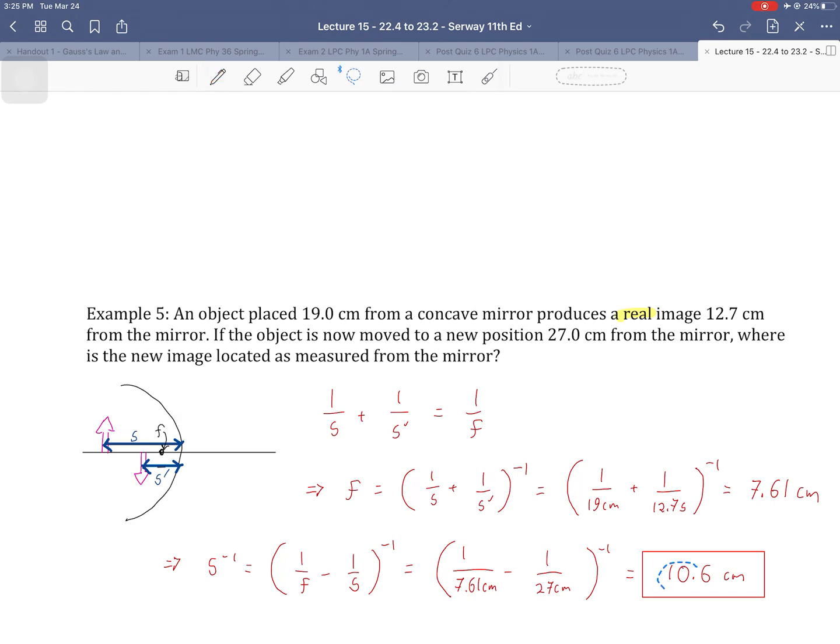If you think about that, it still might not be the result you expect, because you might think, well, I made S bigger, shouldn't S prime be bigger as well?